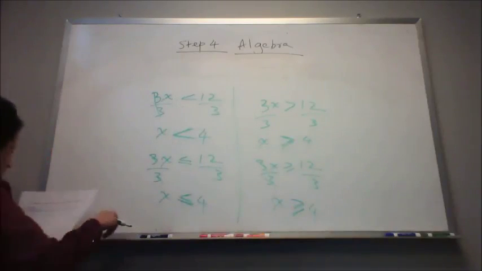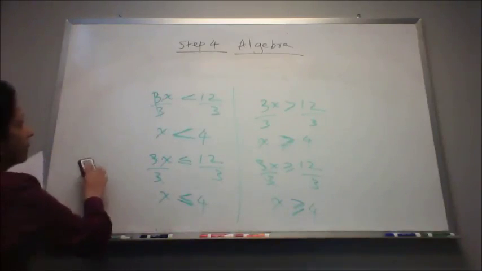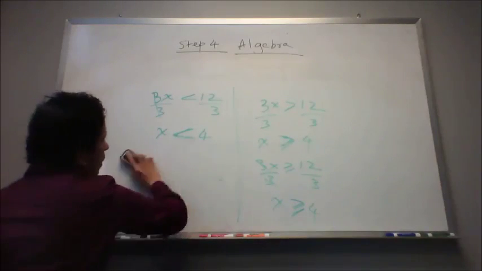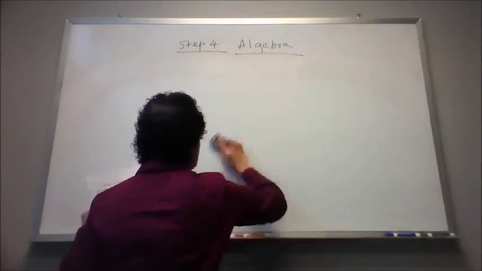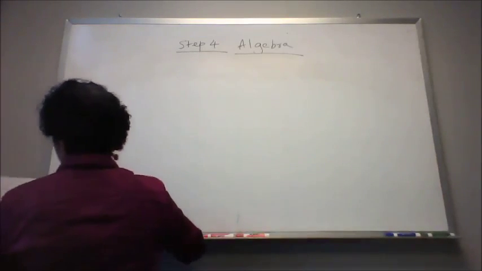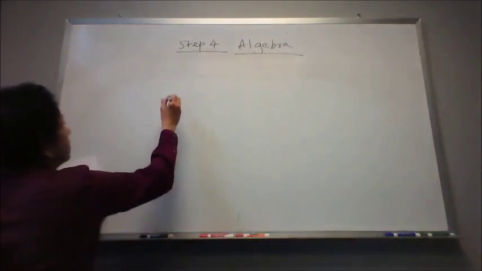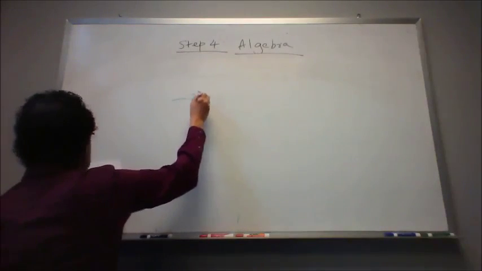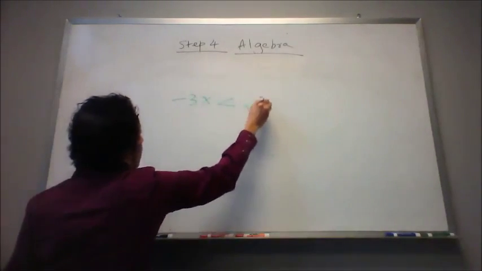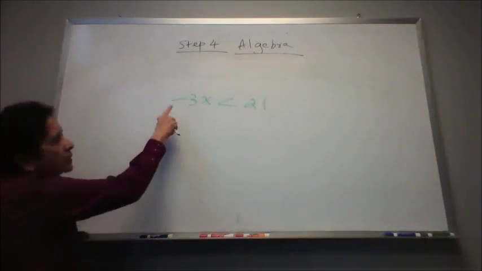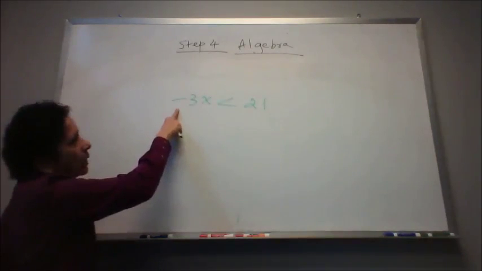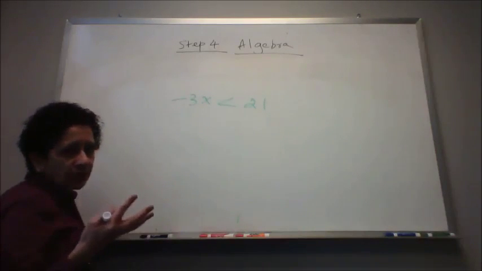Okay, so let's do one inequality where you need to change the sign. For example, we have minus 3x is less than 21. I want to get rid of this minus 3, so I have to divide by minus 3.